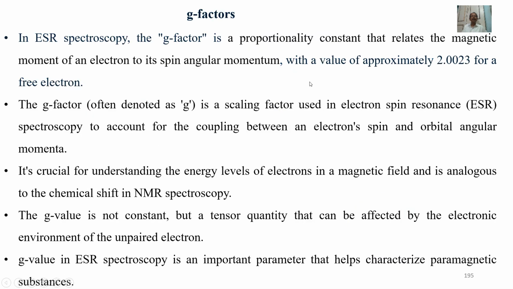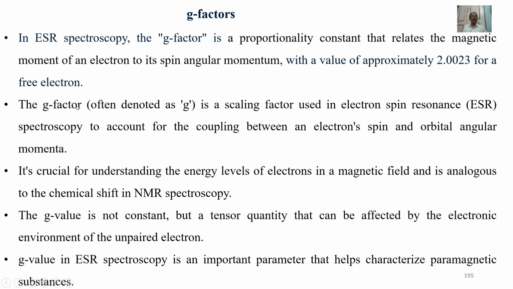Now let us learn g factors in ESR spectroscopy. In ESR spectroscopy, the g factor is a proportionality constant that relates the magnetic moment of an electron to its spin angular momentum, with a value of approximately 2.0023 for a free electron.